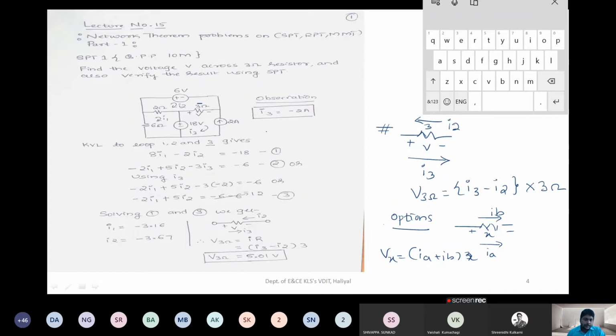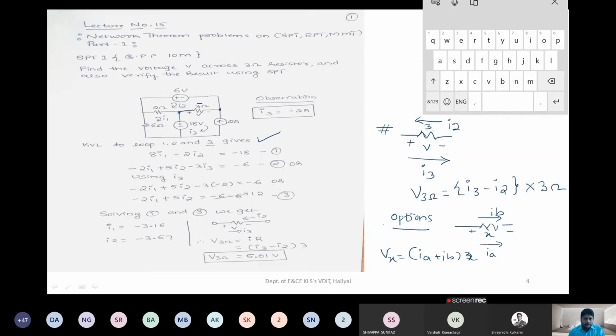Now, the first step is to apply KVL. I am using KVL as one of my analysis methods, but it is not compulsory to use only KVL. You can use KCL or source transformation, anything, but make sure that you are not disturbing the 3 ohm resistor, because we want to calculate the voltage across these 2 points.